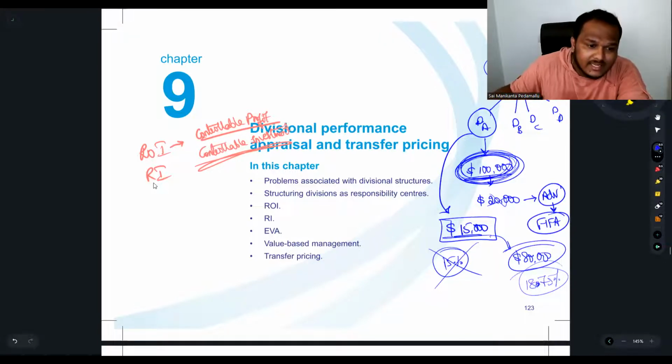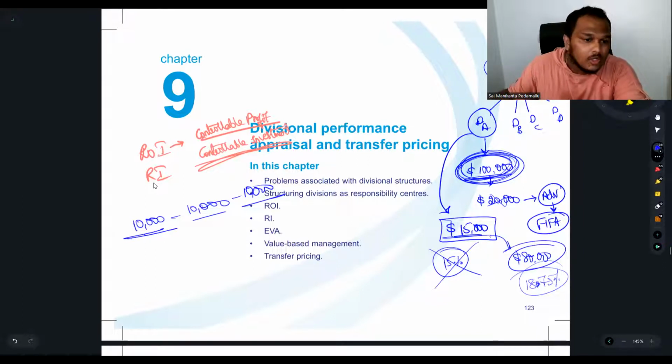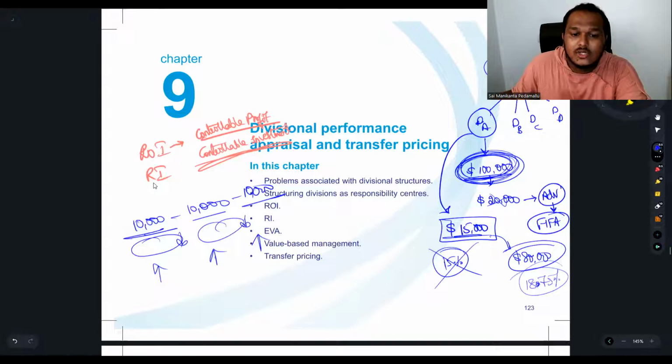So if a company is maintaining a constant 10,000 profit, but the denominator investment in the assets is reducing because of depreciation, there is actually no increase in the profitability or performance of the company, but the ratio keeps increasing because there is a decline in the denominator. Denominator is decreasing, so the ratio is increasing.